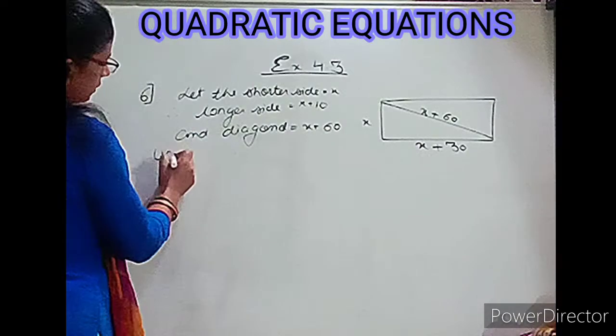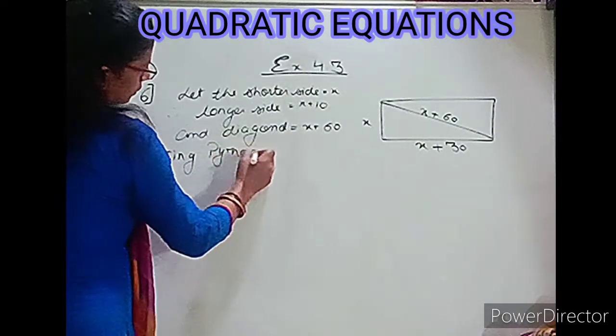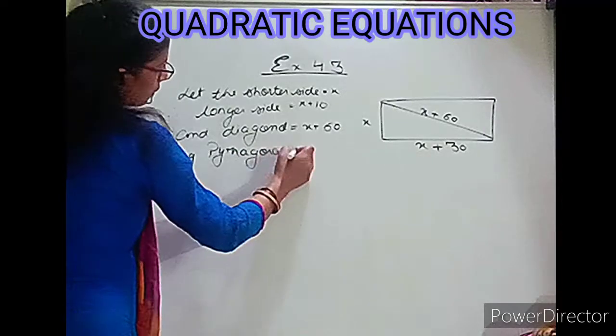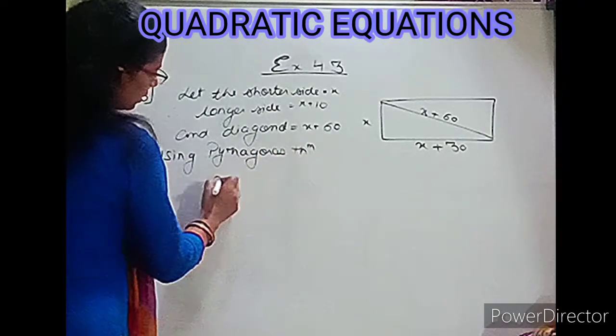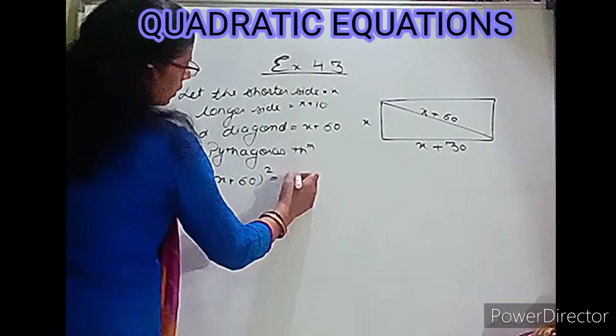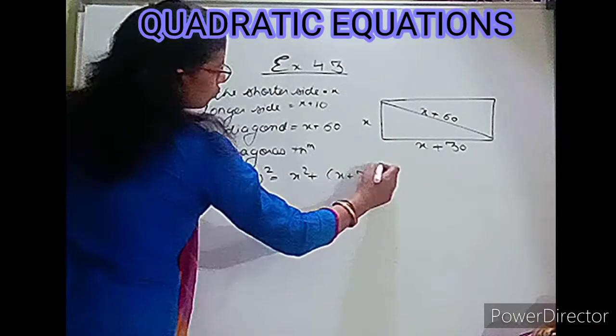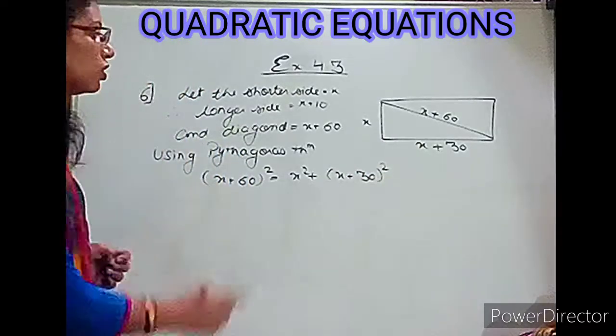Then what will we write? Using Pythagoras theorem, diagonal square is equal to x square plus x plus 30 whole square. All of you know how to apply the Pythagoras theorem.